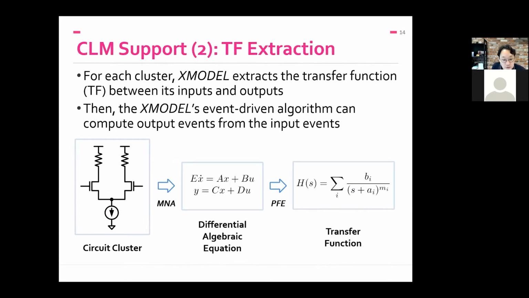Well, once the X model partitions the circuit into clusters, for each of the clusters, it performs modified nodal analysis to set up the differential algebraic equation. And this is basically what SPICE does before solving the circuits. And then it will translate that into a Laplace domain transfer function between the inputs and outputs of each cluster.